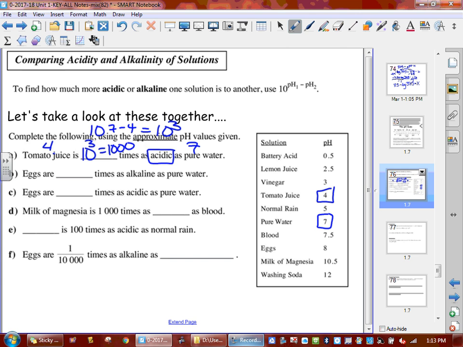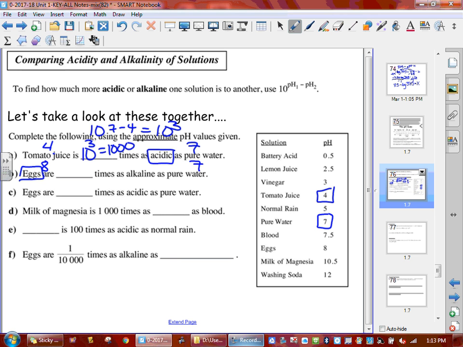Now we're going to compare eggs to water. But now we have to look and see, what are they comparing? Alkalinity or acidity? That's going to tell you which number goes first. So, eggs are an 8. Okay? Pure water is 7. Now, we want to know eggs are how many times more alkaline.